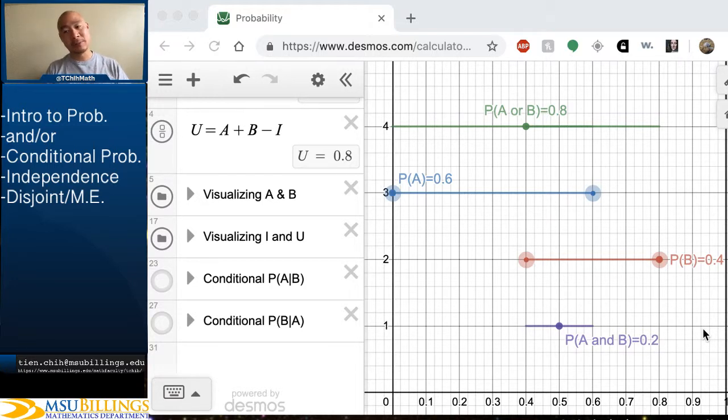So if you knew someone got sick, that means they're one of these 4 people here, 1, 2, 3, 4, and it looks like 2 of them ate seafood, 2 of them did not, right? And so it seems as if you're given B, if you assume that you're only talking about people who got sick, it appears as if half of them, or 2 out of 4, ate seafood.